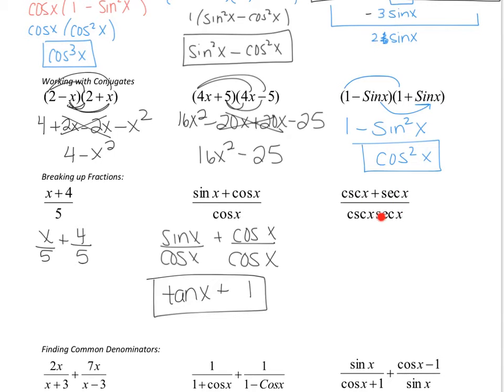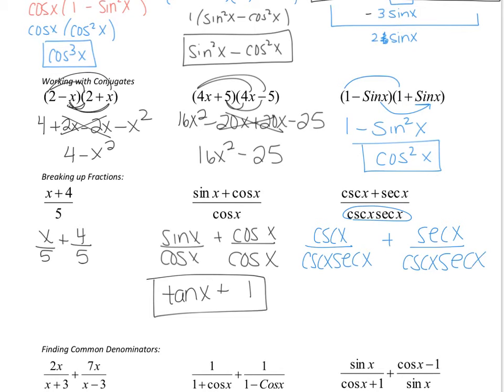If I want to break up this fraction, this would be cosecant x over this whole thing, cosecant x secant x, plus secant x over cosecant x secant x. Now let's see what happens. These can cancel, and I'm left with 1 over secant x.